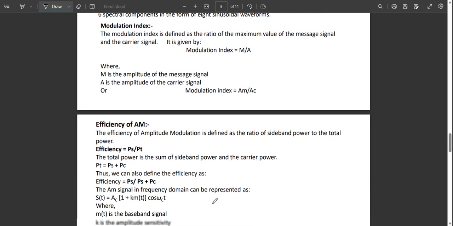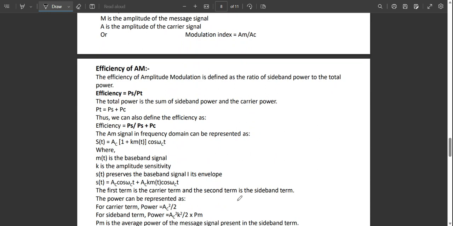Now coming to the efficiency part. Efficiency is the ratio of sideband power to the total power. That is, the energy required to pass the sideband divided by the energy required to pass the whole signal.